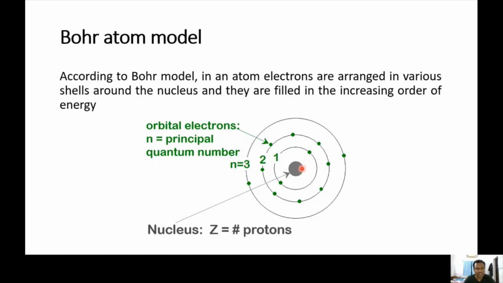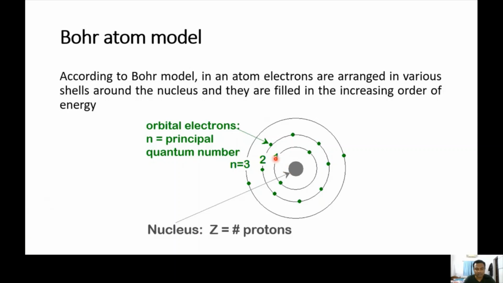The nucleus consists of protons and neutrons. Around that, electrons revolve in particular shells, and shells consist of orbits where electrons are occupied. This is the concept of the Bohr atom model. Electrons are considered as particles here.